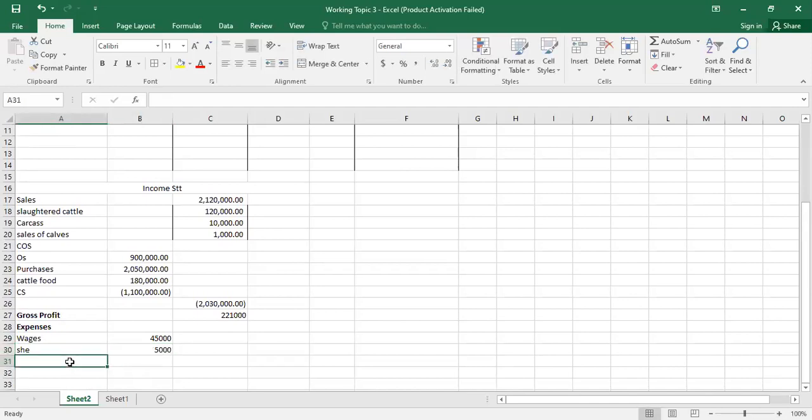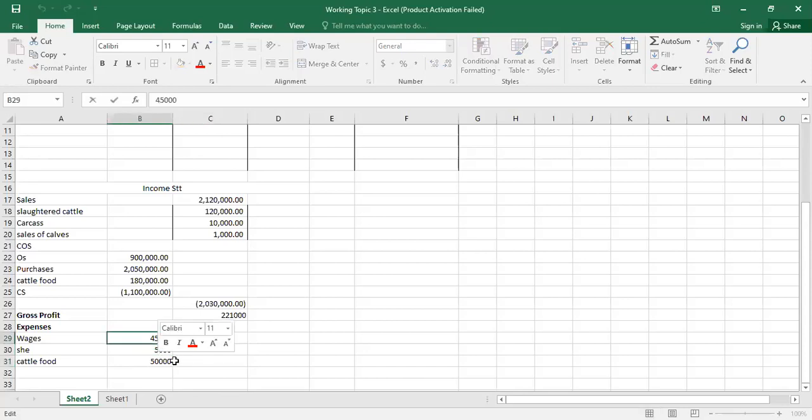What else do we have? Cutoff feeds. We have the cutoff feed, the one that was coming from the crop account, isn't it? 50,000. So this is giving us 100,000. So our net profit is 121,000.